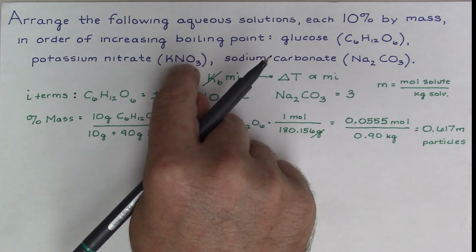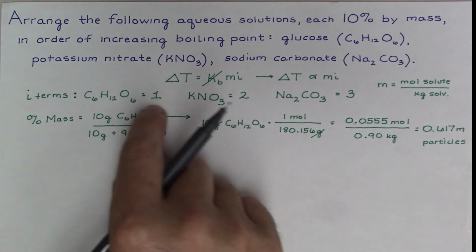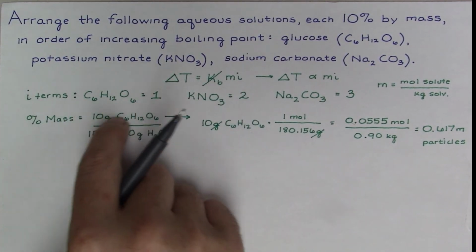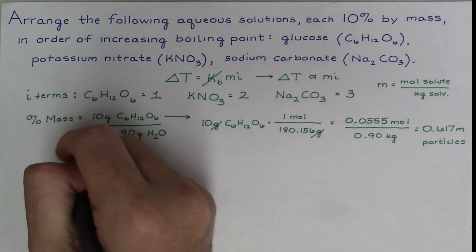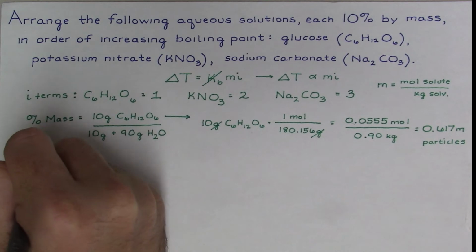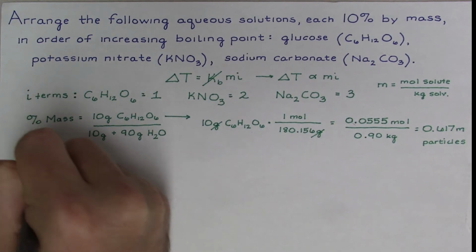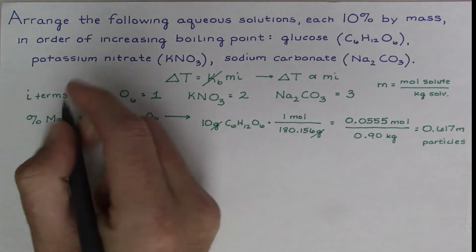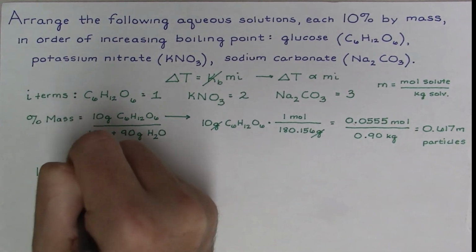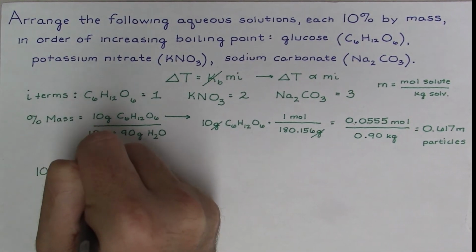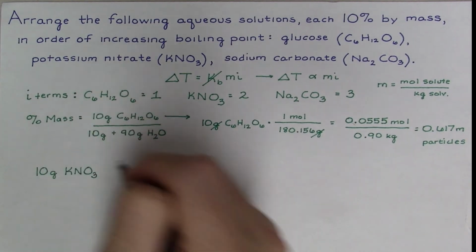So now, let us go and do the exact same math for our potassium nitrate. So we have our 10 grams of potassium nitrate. We are going to need to multiply it by our molar mass in order to get moles.